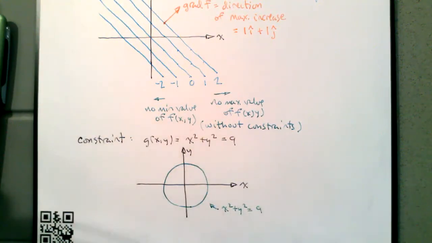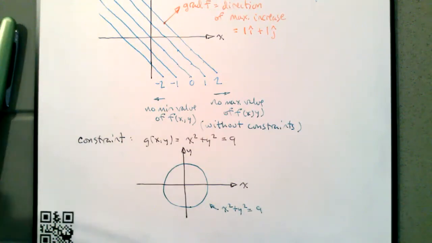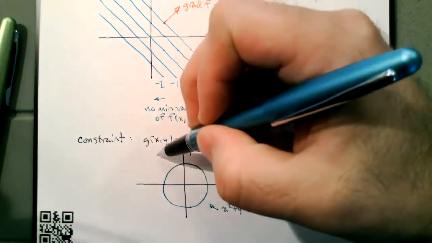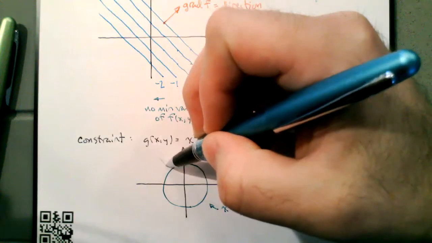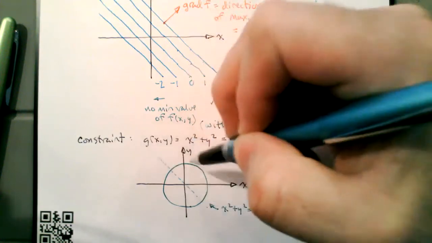And we want the maximum and minimum values of the function. If we look at different values of the function, they show up as parallel lines with a slope of -1.